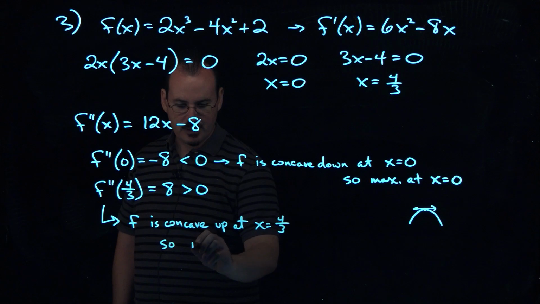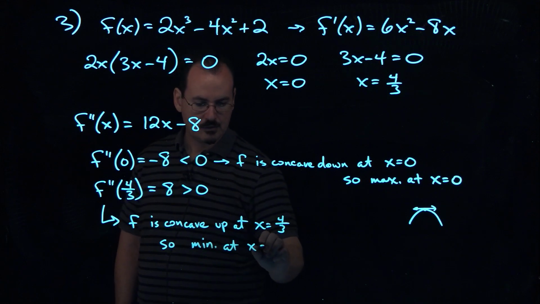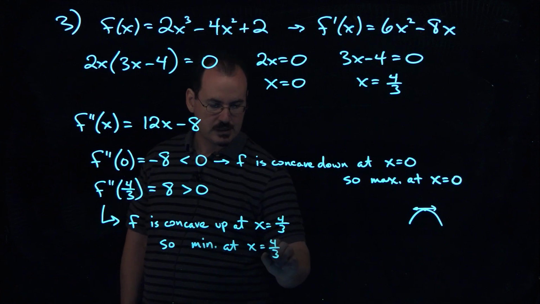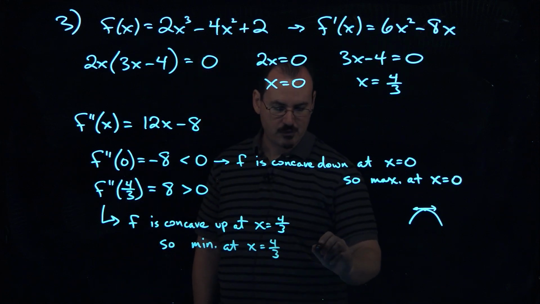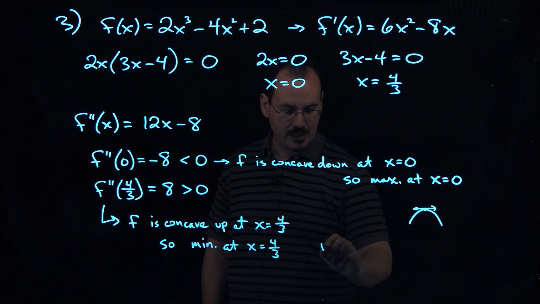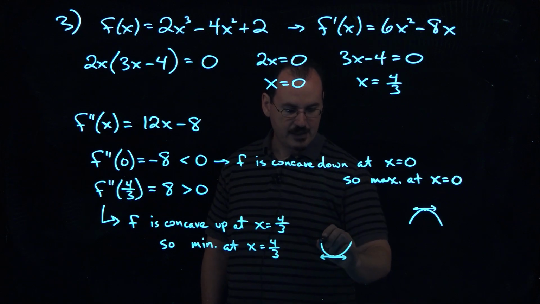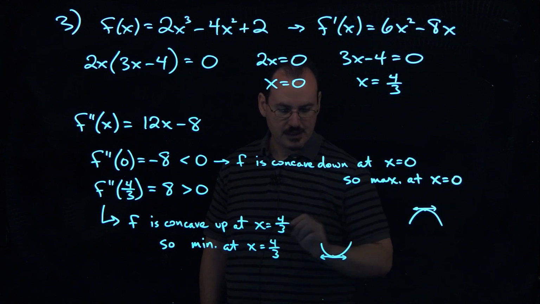So we've got a minimum at x equals 4/3. Okay, and again, if you think about what we're talking about here, the fact that 4/3 is critical means that we would have a horizontal tangent line at that value, at 4/3. So there's our horizontal tangent line. And the fact that it's concave up means that we must have a minimum value there.